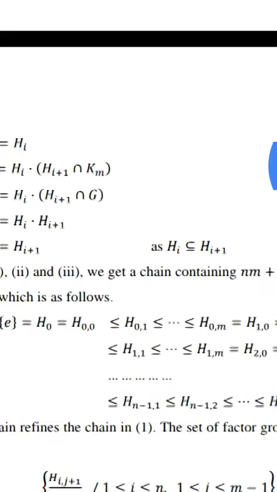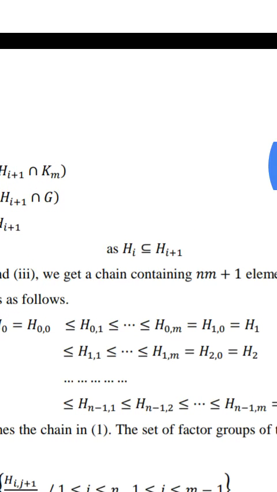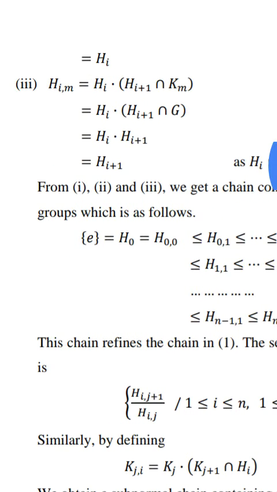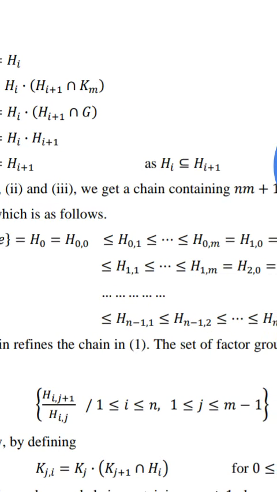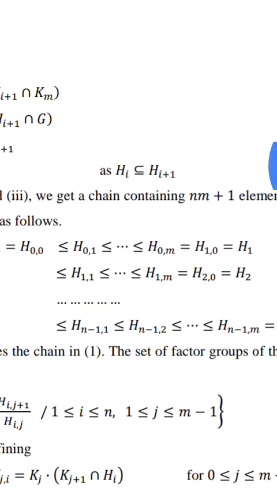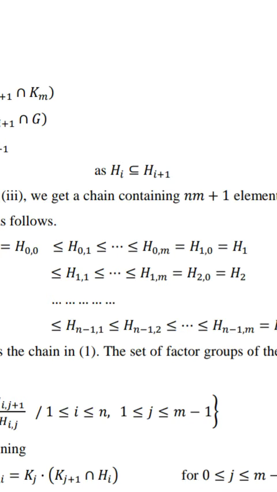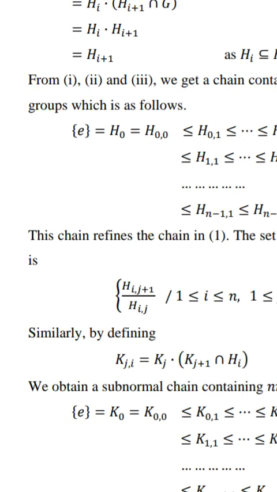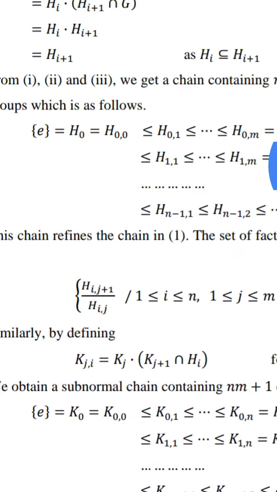From 1, 2 and 3 we get a chain containing n plus 1 elements, not necessarily distinct, which is as follows: {e} = H0 = H00 ⊂ H01 ⊂ ... ⊂ H0m = H10 = H1 and so on, up to Hn = G. This chain refines the chain in 1.